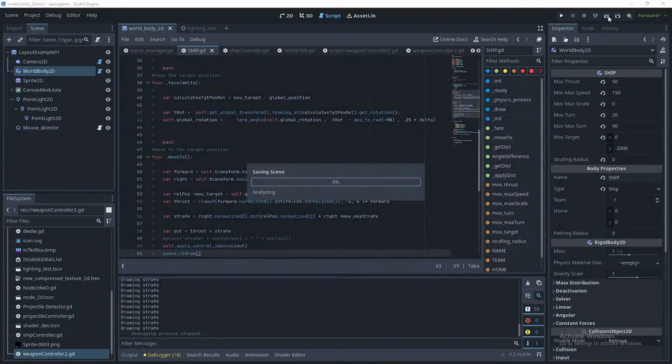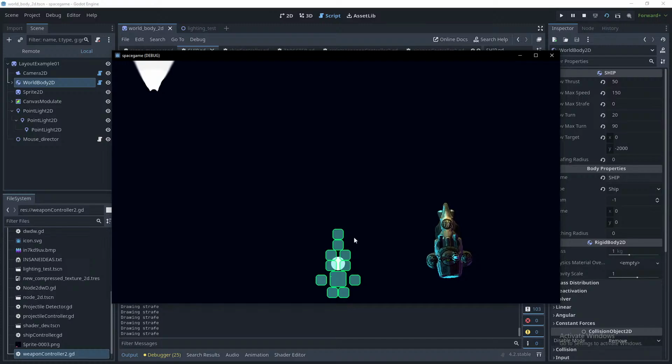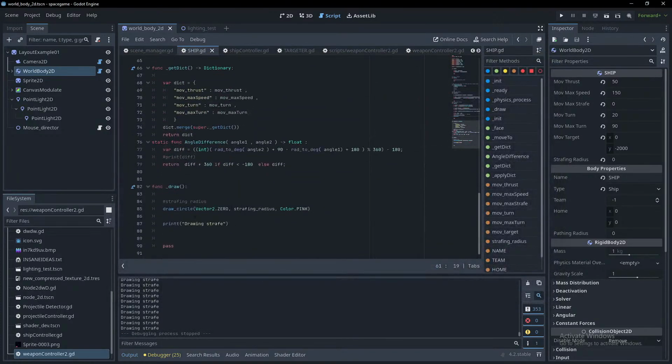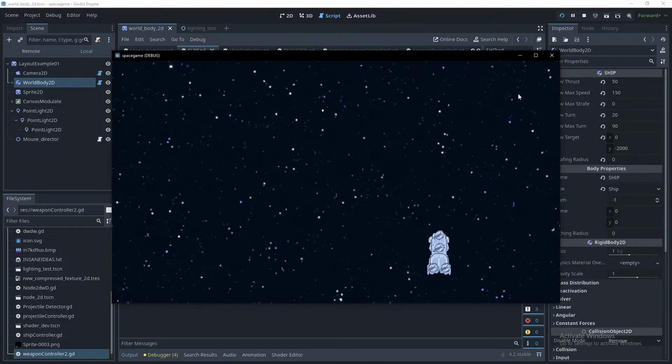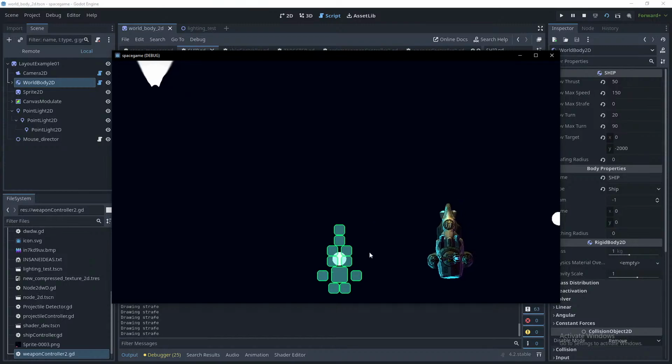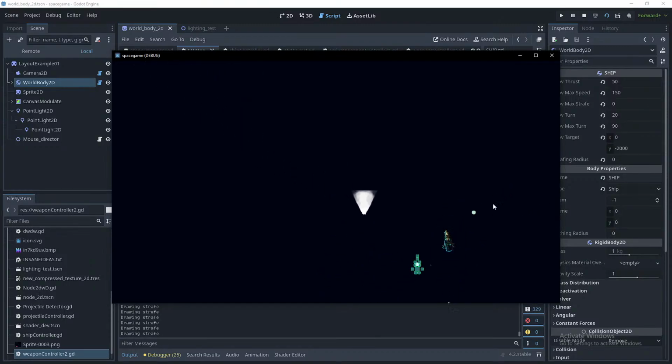Okay, so it's interesting that it's outputting. We're gonna do that strong strafe. Oh, you know what? It shouldn't matter. I thought it was local. I think there's a thing to close them. Yeah, I thought.